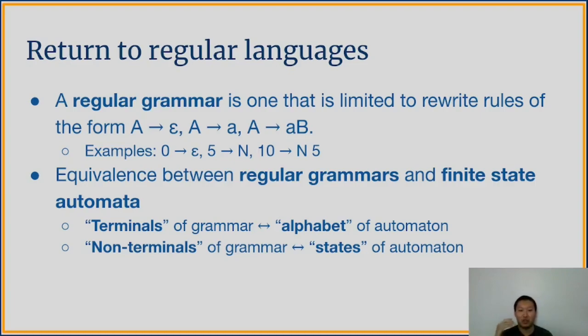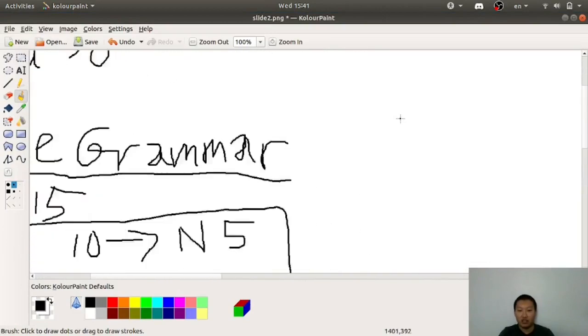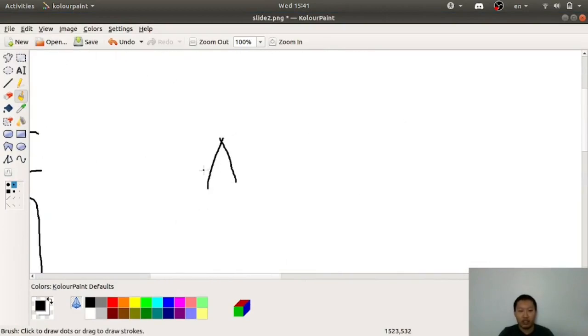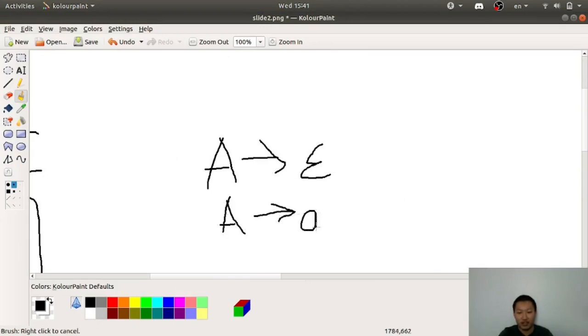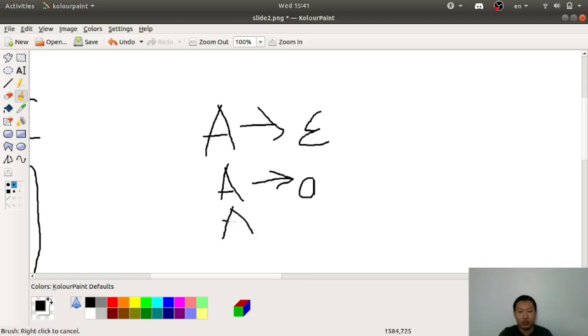In other words, there's an equivalence between these regular grammars and these finite state automata. The regular grammars are the ones that have rules of the type A goes to empty string, A goes to little a, A goes to little a, b, things like that.